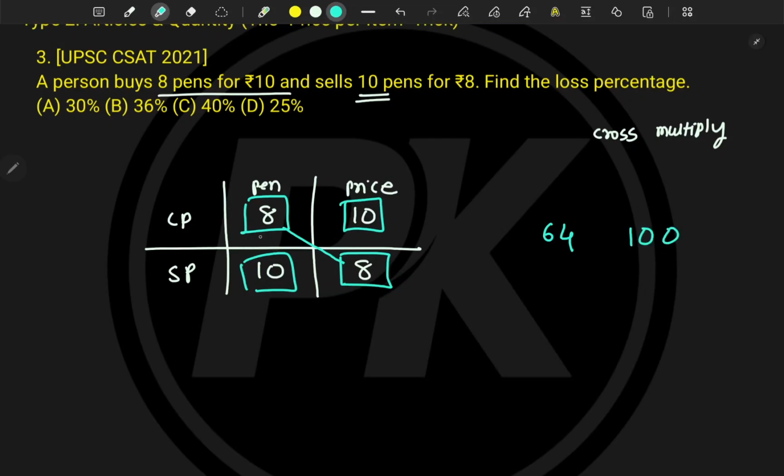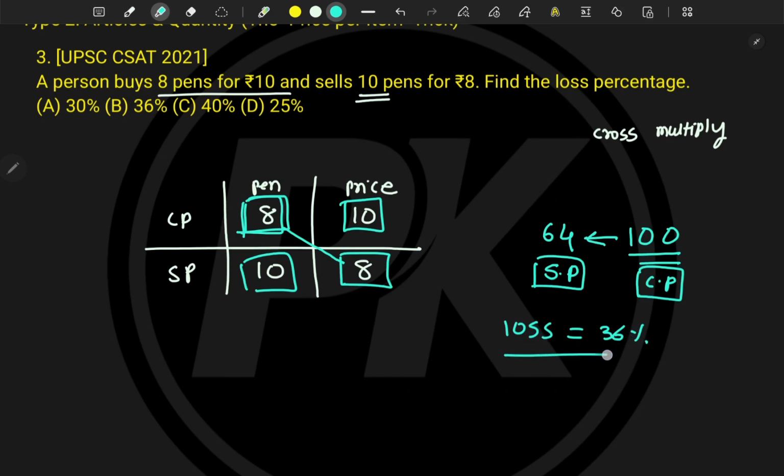Now when you multiply quantity and price, you will come to know that this is your cost price and this is your selling price, right? Now tell me, cost price you know, selling price you know, then what is the loss? 36 percentage. So this way also you can solve these problems.